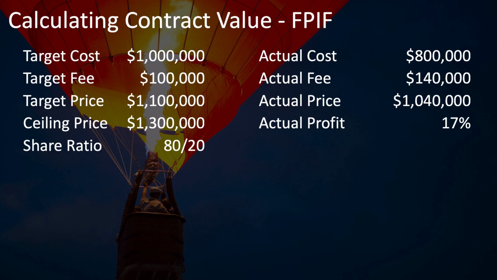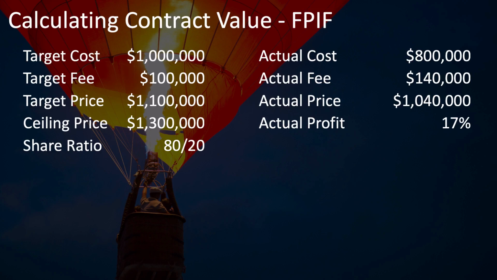The buyer's actual price paid is $1,040,000, which you'll notice is less than the target price, so that's nice. And the seller's actual profit is 17%.